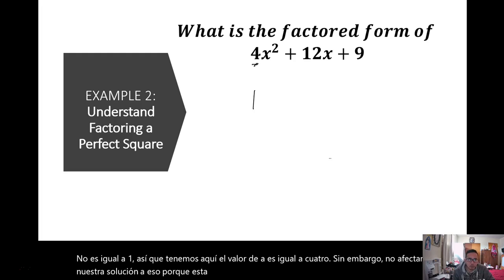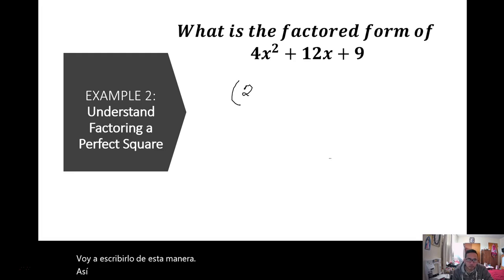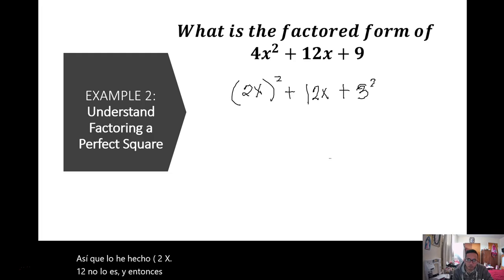So what I'm going to do is rewrite it this way: 2x squared plus 12x plus 3 times 3, which is 3 squared.